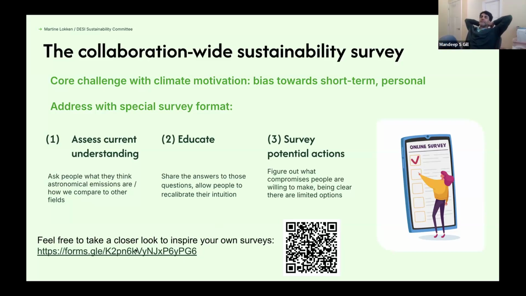But feel free in general to take a look at this form. Noah made a version of this that should have removed all of the responses, so it should just show the questions. And please feel free to use parts of it for your own surveys. Maybe just check in if you're copying things word for word, but hopefully it could help anyone who's doing similar work.